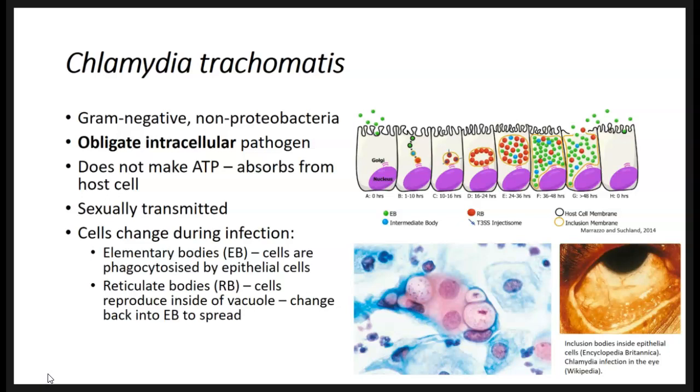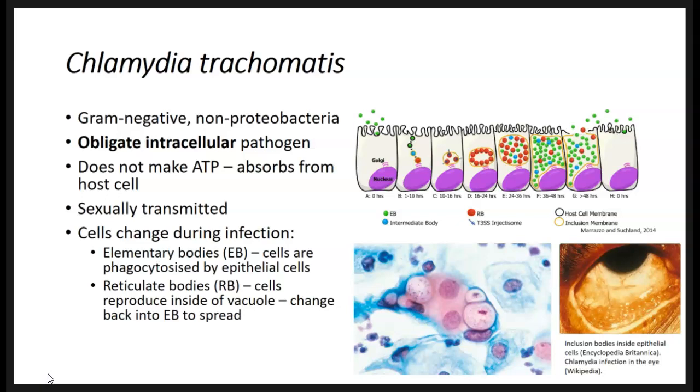In order to get into the cell, because it's an obligate intracellular pathogen, it goes through a number of structural morphological changes during this process. So the elementary bodies are the forms of the bacteria that are present outside the cell. The elementary bodies aren't able to reproduce on their own, but they do induce the cells to phagocytize or absorb those bacteria into the host cell.